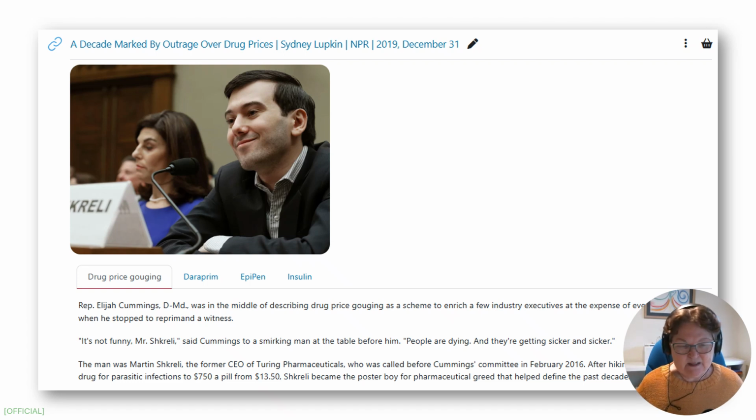Here's another example that's very galling. You just have to look at that face and you want to slap him upside the head. This is Mr. Shkreli, who bought a company called Turing Pharmaceuticals. They bought the company and they changed the price of a drug that was a very common drug used for parasitic infections. It was $13.50. They changed the price to $750.